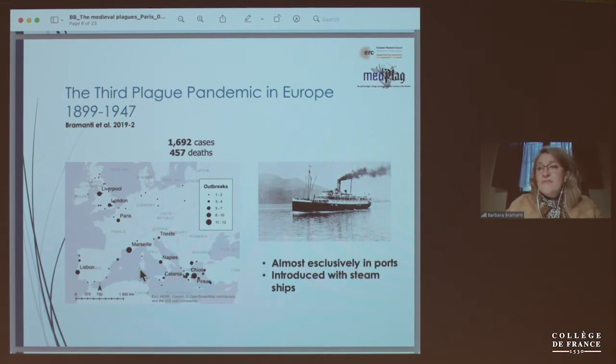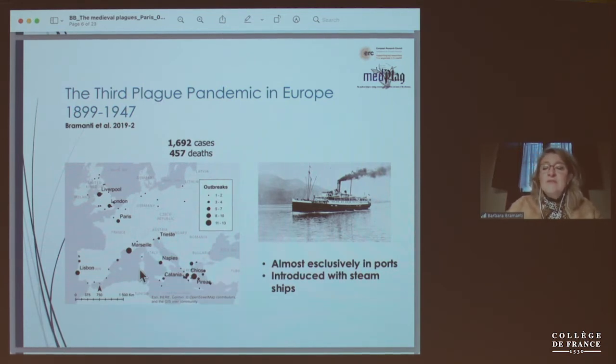And what we have seen is that plague was mostly introduced with a steamship, and was therefore almost exclusively in ports. Don't be confused by the points. For instance, in Germany or in Poland, there are also ports. There are ports on major rivers.